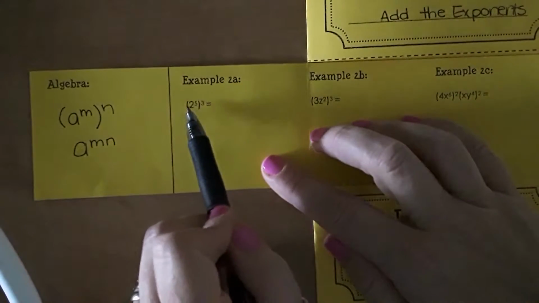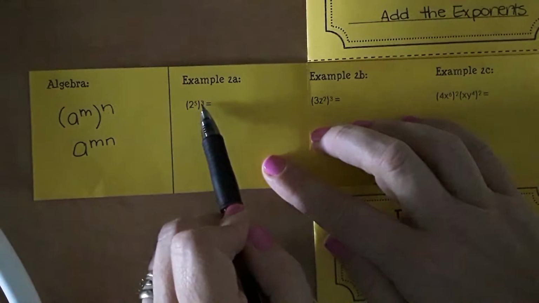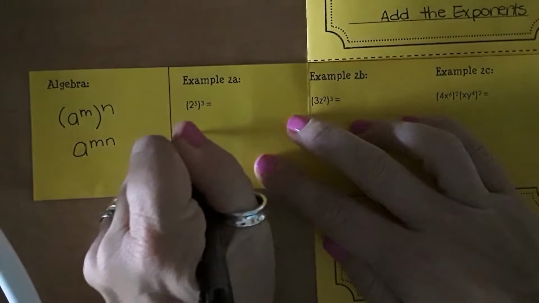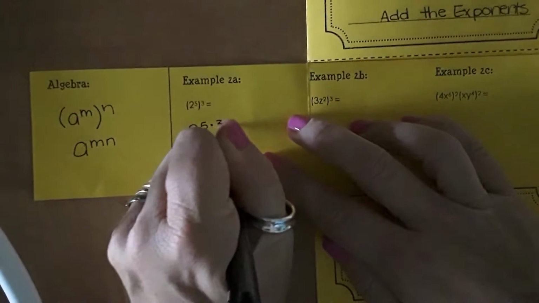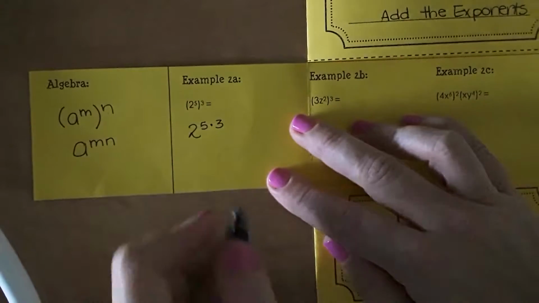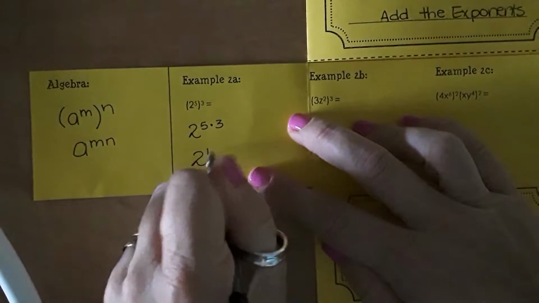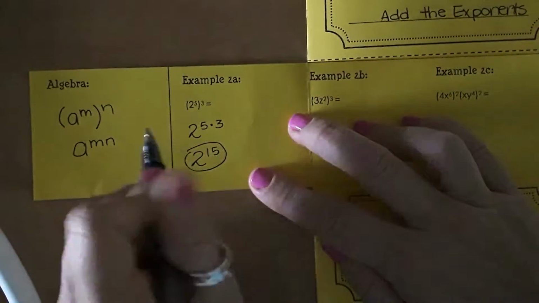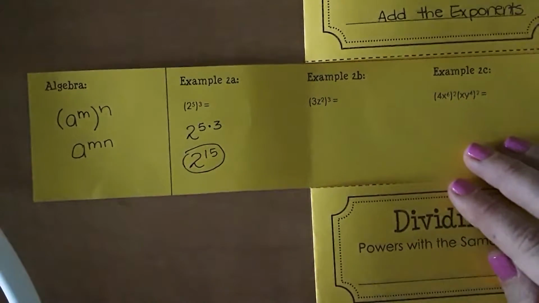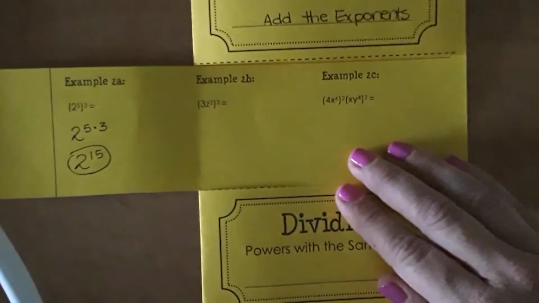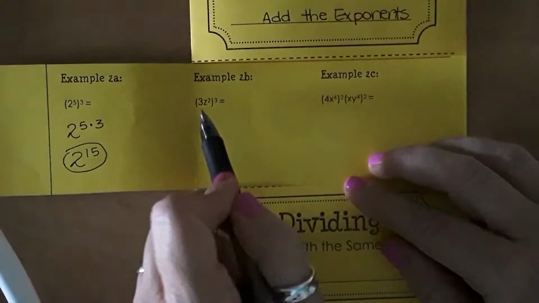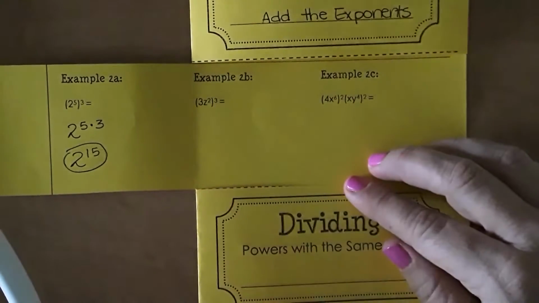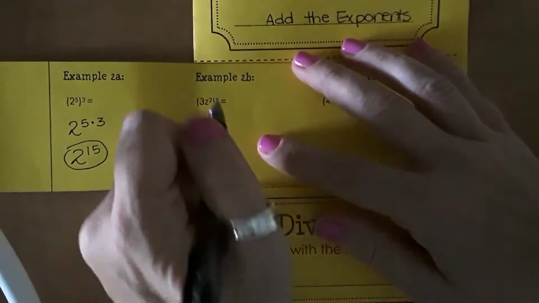Let's go to example 2a, 2 to the 5th, and then I have the third power on the outside of the parentheses. We're going to say 5 times 3 with my exponents. 5 times 3 is 15, so it's 2 to the 15th power. Example 2b, we're going to have 3z squared, and then we have outside the third power.